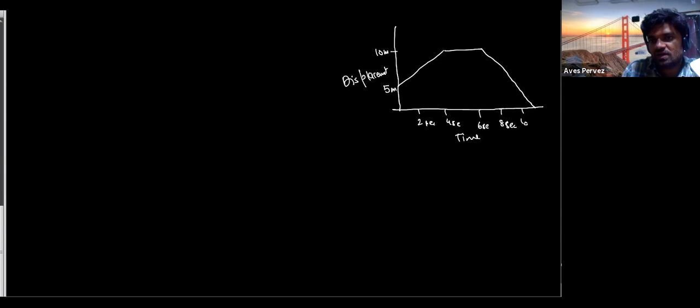This is the displacement time graph. So this is 5 meter, this is 10 meter. And this is 2 seconds, this is 4 seconds, this is 6 seconds, this is 8 seconds, this one is 10, and this one is 12.